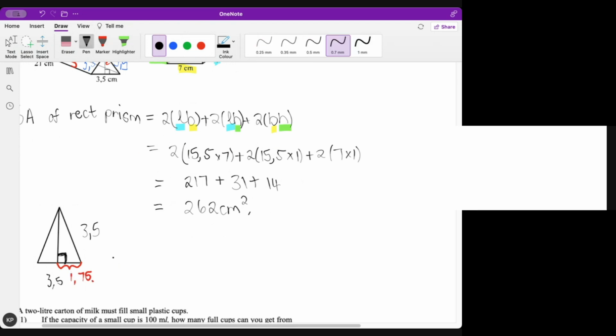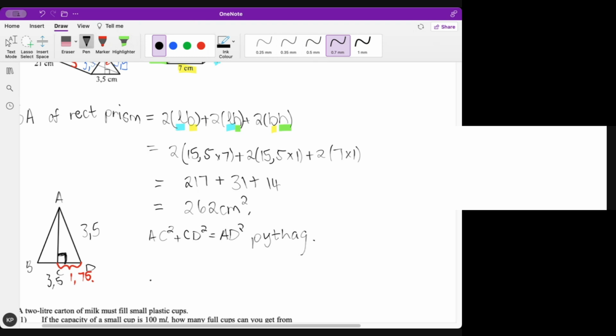Great. Then I'm going to name this A, B, C, and D. So AC squared plus CD squared will give us AD squared. And your reason will be Pythagoras.